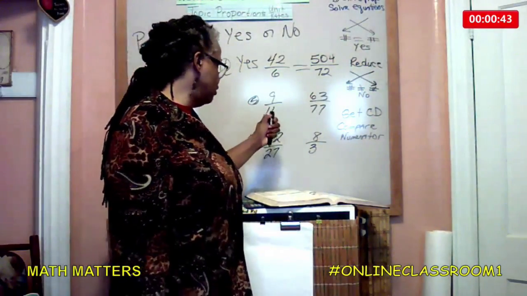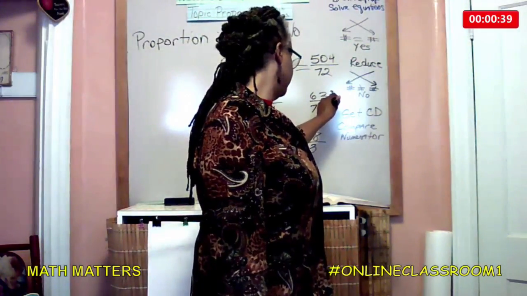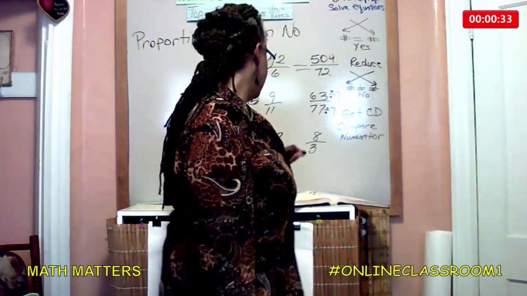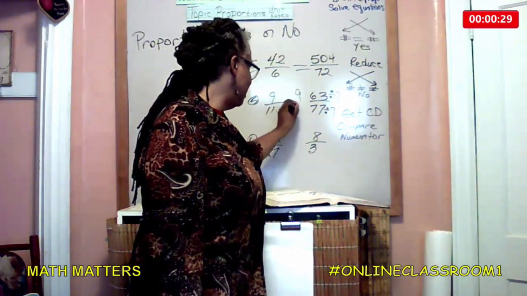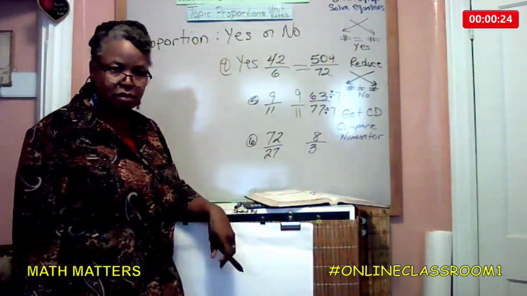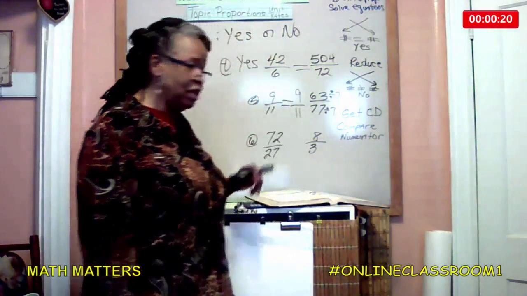I can divide out a 7 and I get 9 over 11. Now I can compare that to 9 over 11. Do you see that? They are absolutely equal.